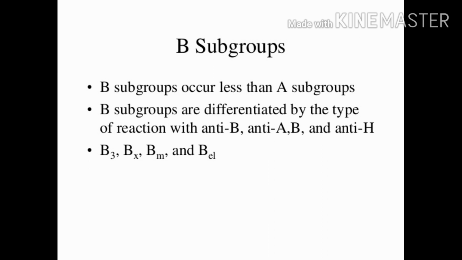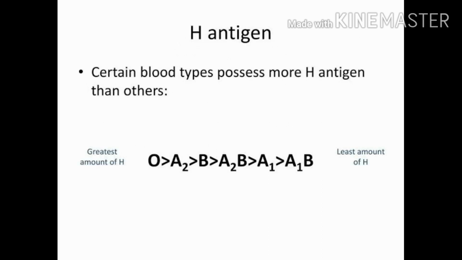These are the 3 B subgroups. H antigen is the precursor antigen, so it is present in all the blood groups. On this basis, we can detect a greater number of H antigens as well as the least amount of H antigen here.